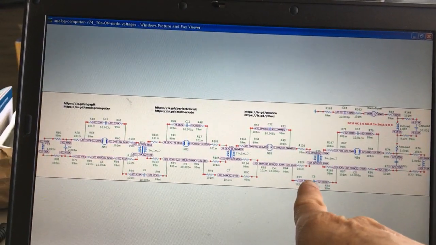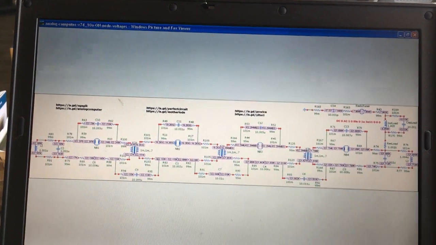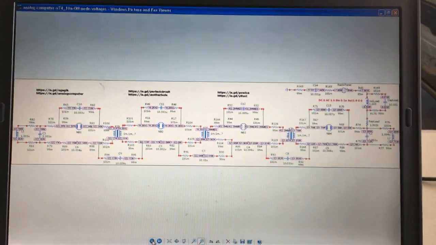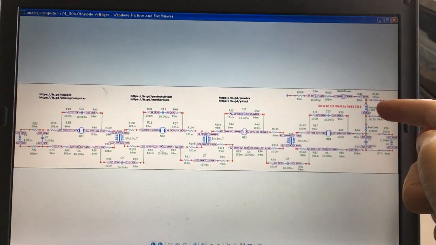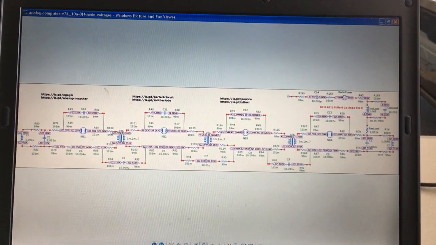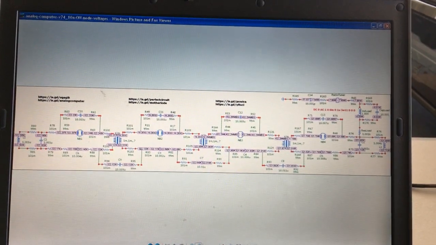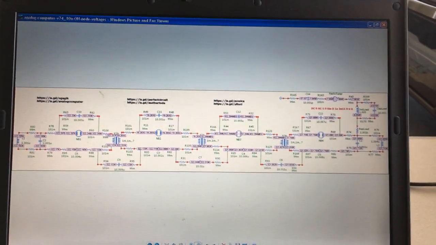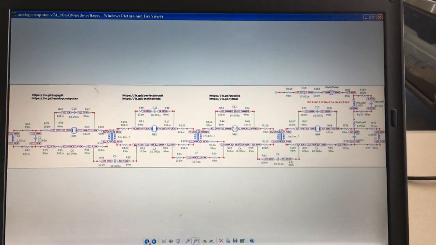Now, what's interesting I found is there's certain requirements to make the circuit work. One of which is that the input frequency has to be 300 gigahertz minimum. But if you go too high, it seems to be a resonance, a sweet spot.